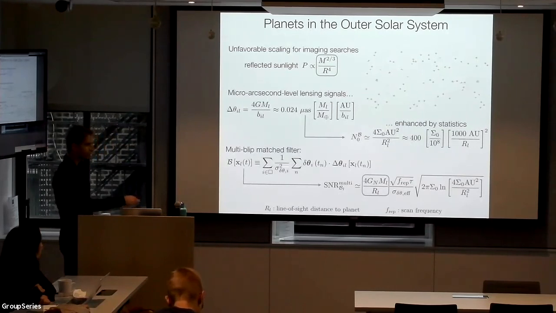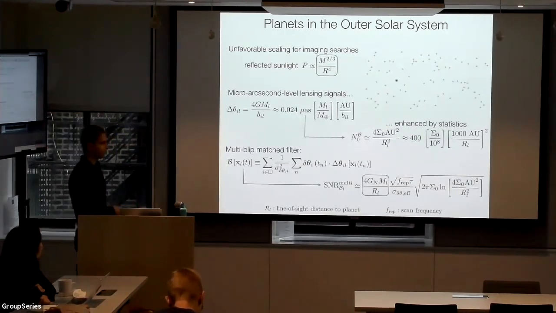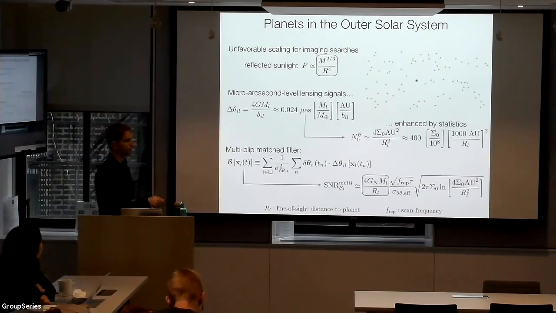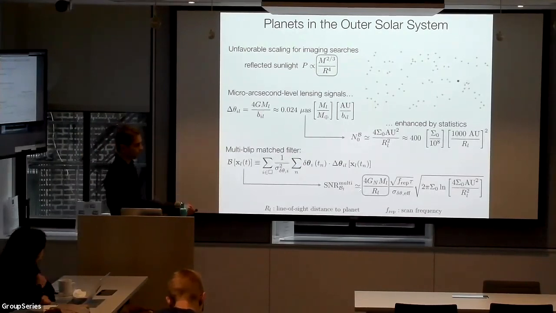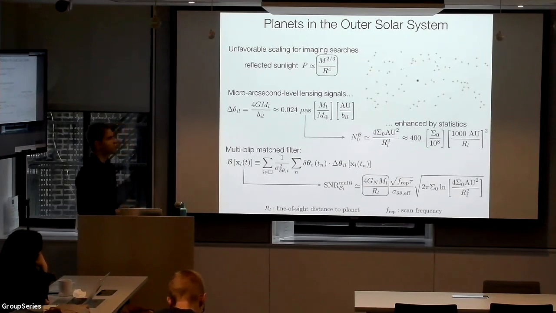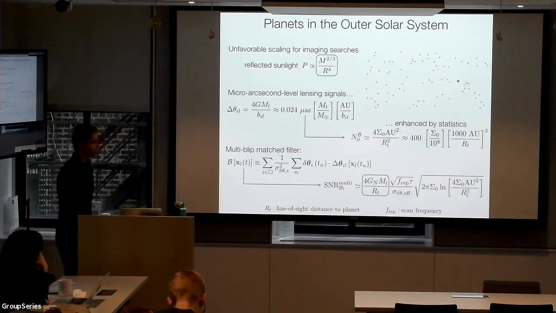And again, instead of a matched filter for proper motion, you can do a matched filter for this full motion template. And we think the sensitivity for such a template analysis would only scale like 1 over the line of sight distance to the lens, much better than direct imaging searches.